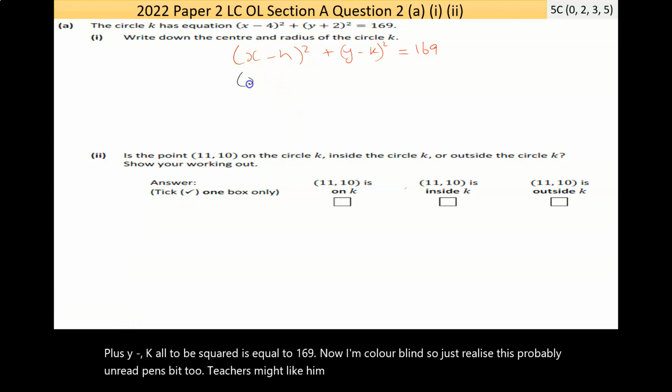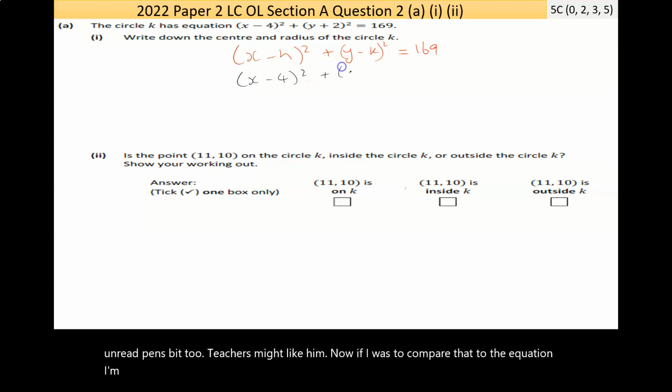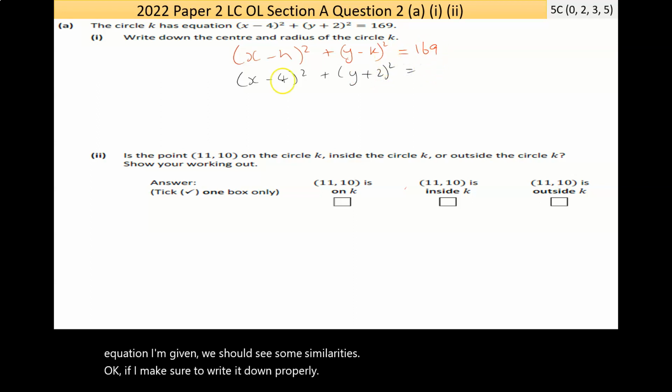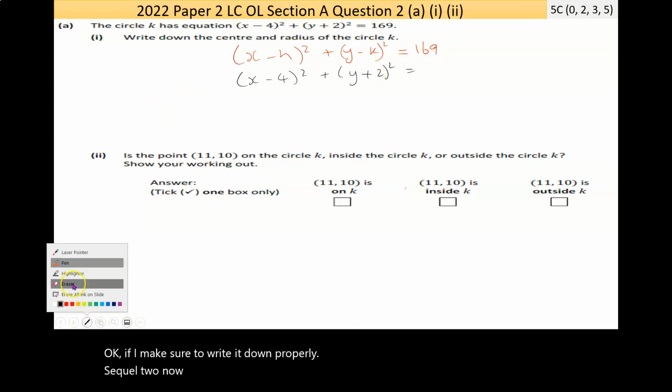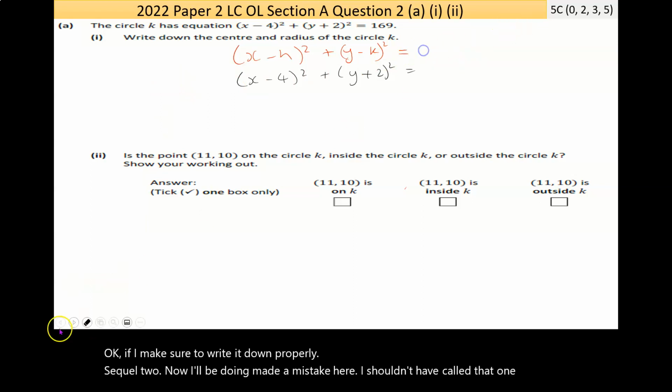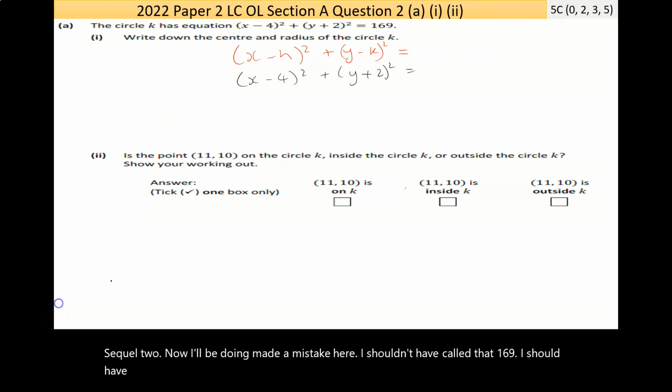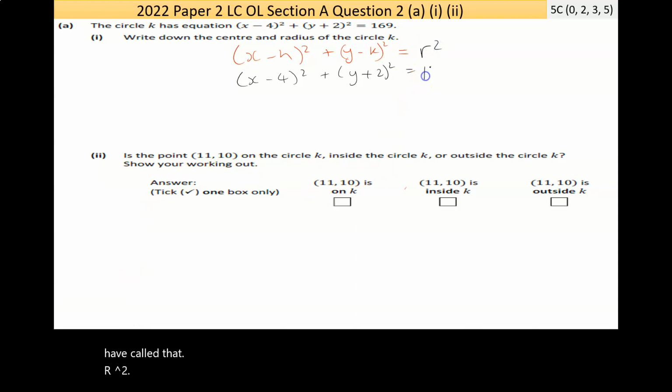Now, if I compare that to the equation I'm given, we should see some similarities. I made a mistake here. I shouldn't have called that 169. I should have called that r squared. The actual equation is equal to 169.